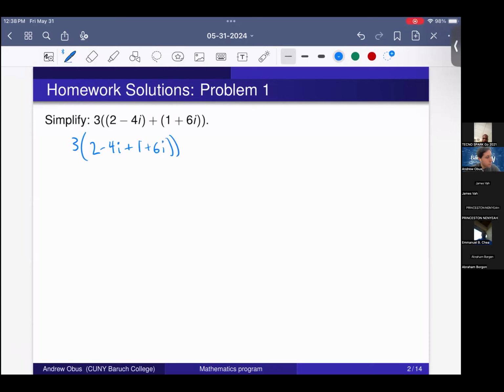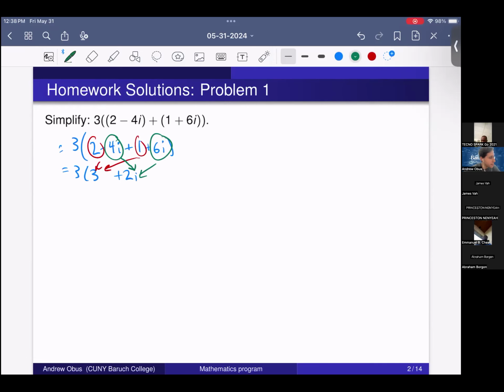Now 1 plus 2 gives us 3, plus 2i, because the minus 4i and the plus 6i give us 2i.